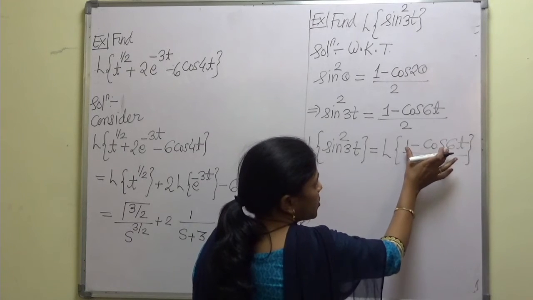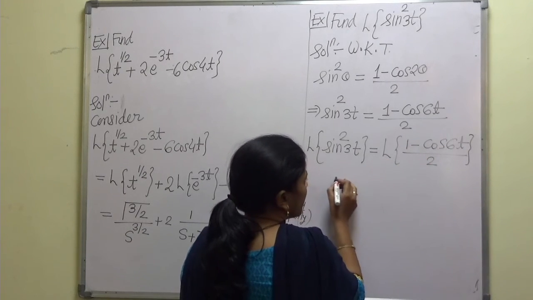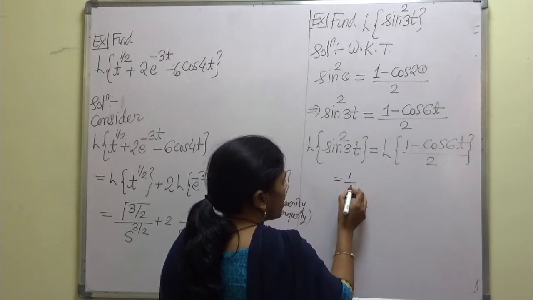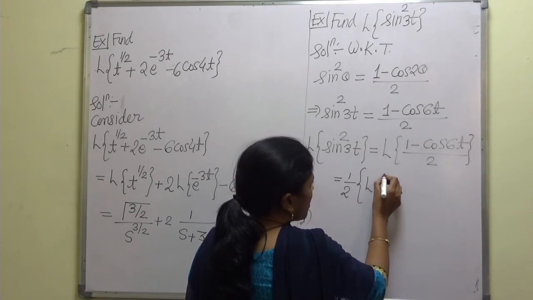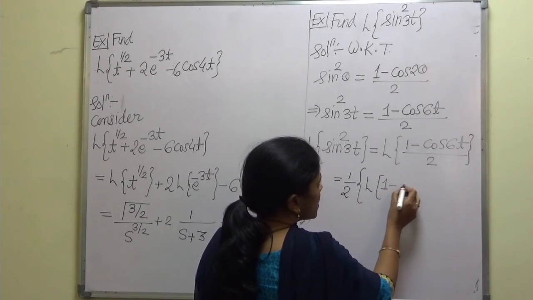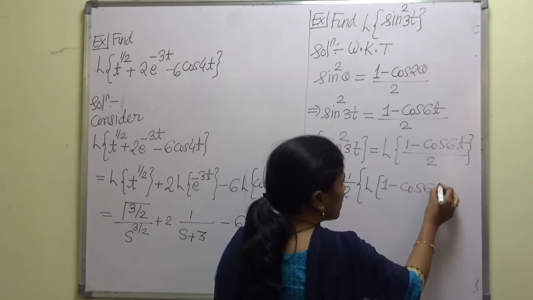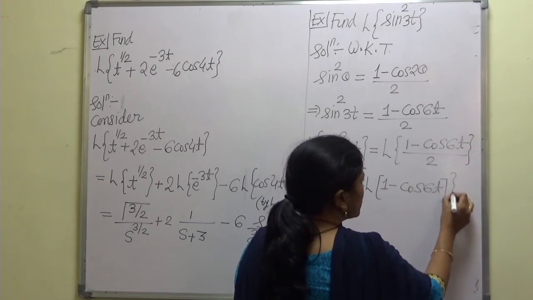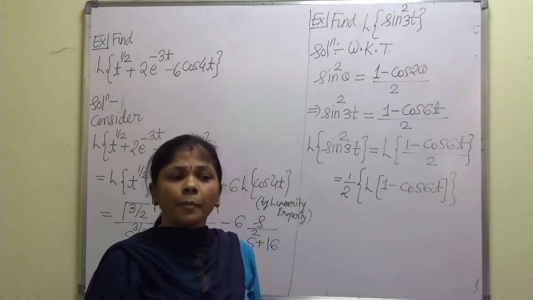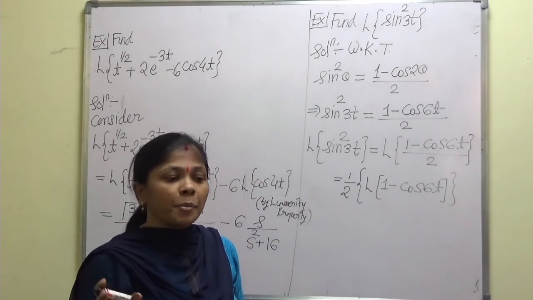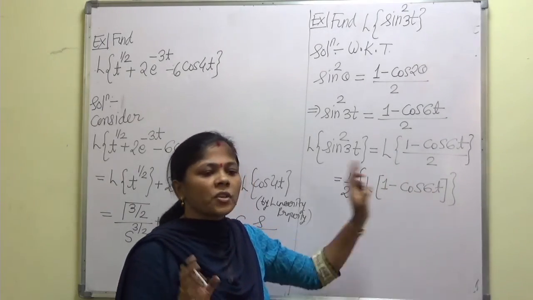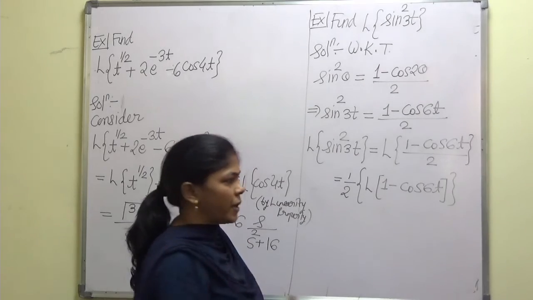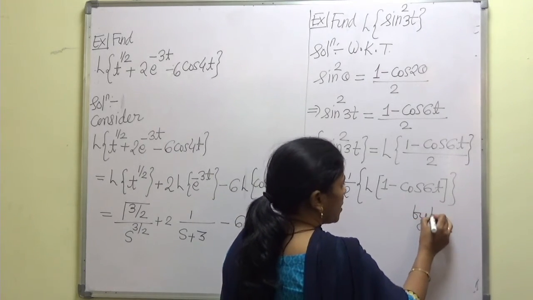Here I am observing that there is a scalar. What is that? 1 by 2. Take it outside completely. Then Laplace of what we have? 1 minus cos 6t is left. So, here what I have applied? I have applied the linearity property for scalar multiplication, alpha into f of t, considering this whole function as f of t.